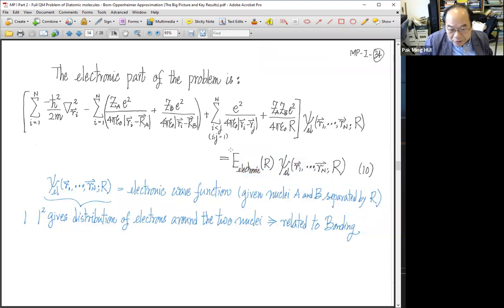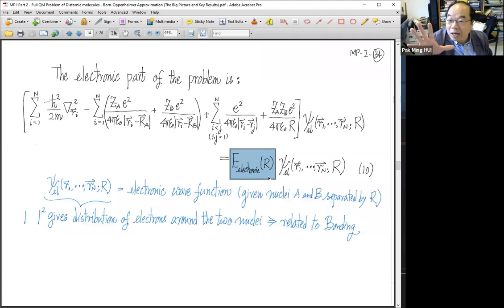Notice that this is only part of the molecular total energy. The molecular total energy has this one added to the vibrational, oscillator-type energy, which is the nuclear part, and the rotational energy, which is also the nuclear part.